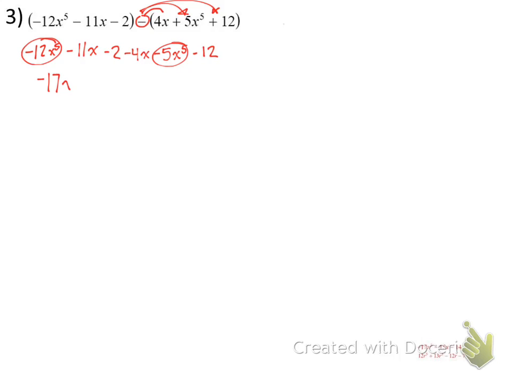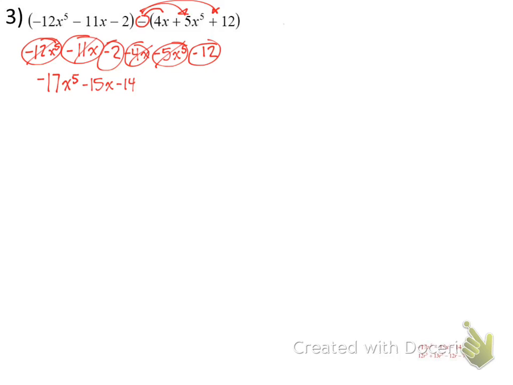Cross those out. We got negative 11x minus 4x is? Good. And cross those out. Negative 2 minus 12 is? Negative 14. Okay.